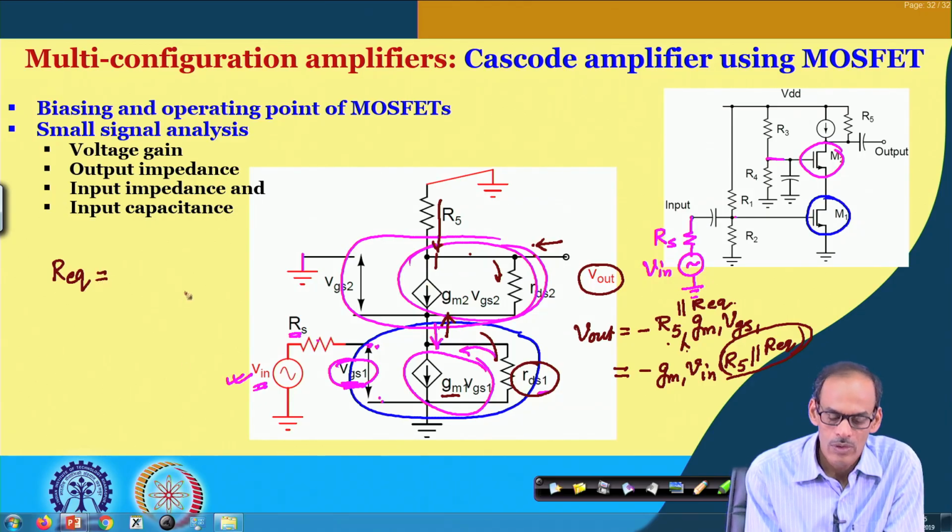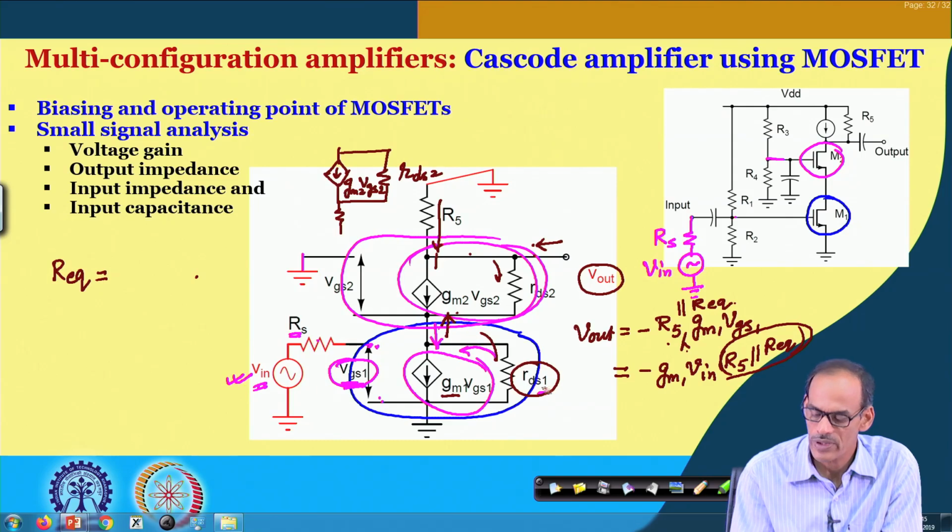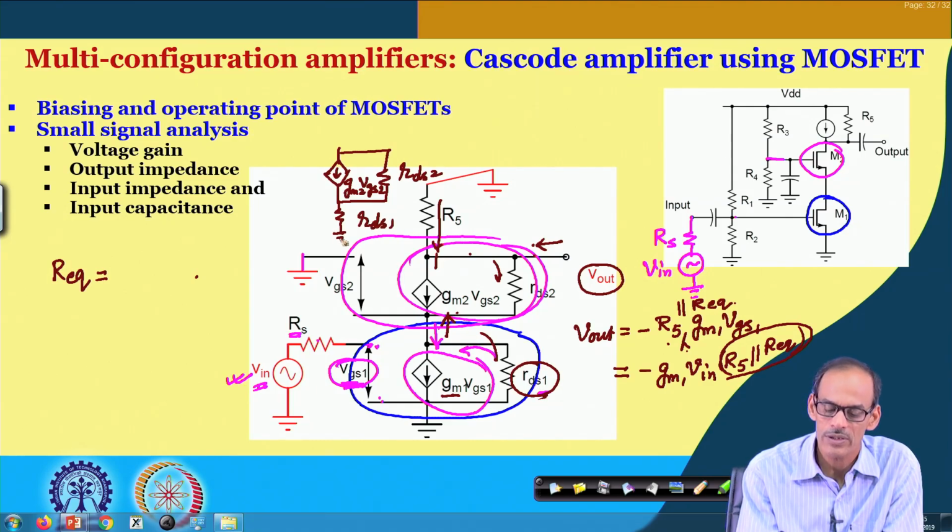And this circuit, what is the specialty of this circuit? We have the active device providing a voltage dependent current source, then RO or RDS2, and this is gm2 into its corresponding VGS2, and then we have a resistance here, which is RDS1, connected to ground.